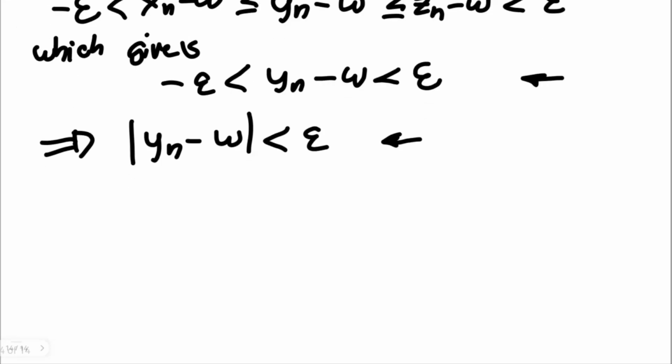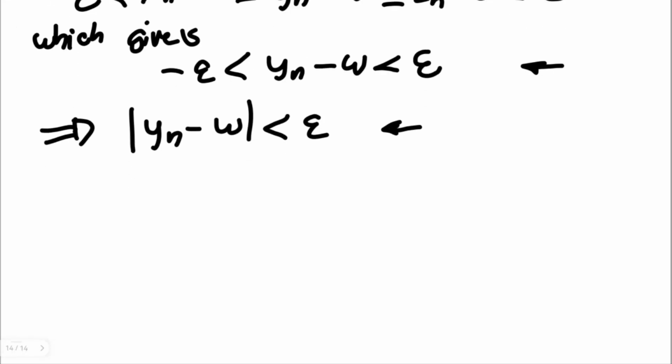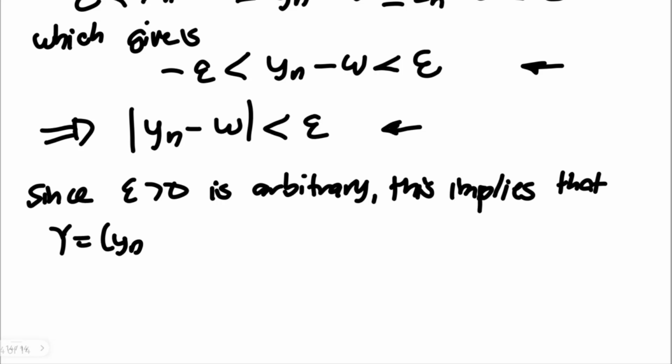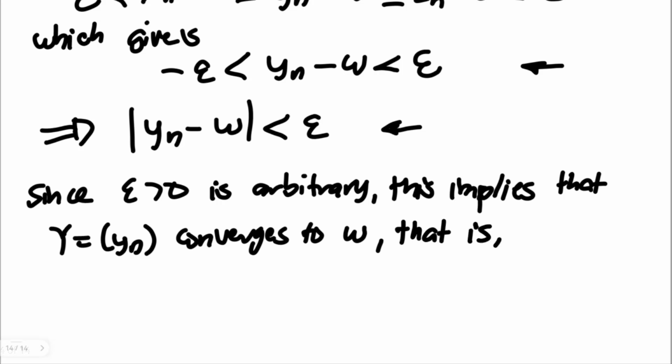Hence, we have the final statement in proving limits. Since epsilon greater than 0 is arbitrary, which is what we have been doing before in proving limits, this implies that our sequence y sub n converges to w. That is, the limit of y sub n is equal to w.